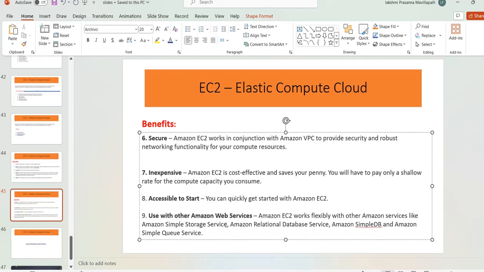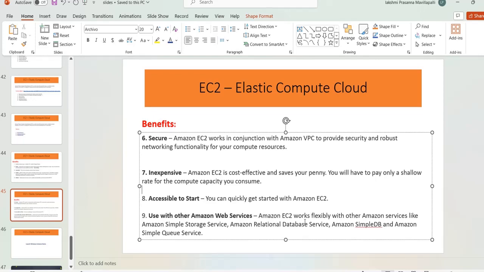Amazon EC2 works flexibly with other Amazon services like Simple Storage Service, Relational Database Service, and Amazon Simple Queue Service. We have a lot of AWS services. We have seen that in our overview session also. In the AWS overview video we discussed almost 50 services. So EC2 is compatible to work with other AWS services.